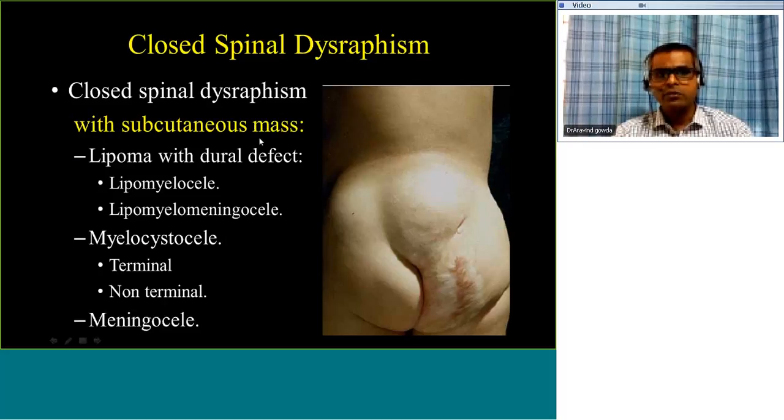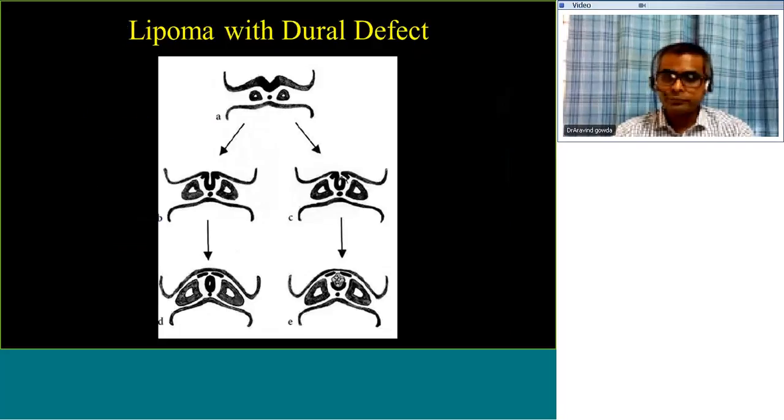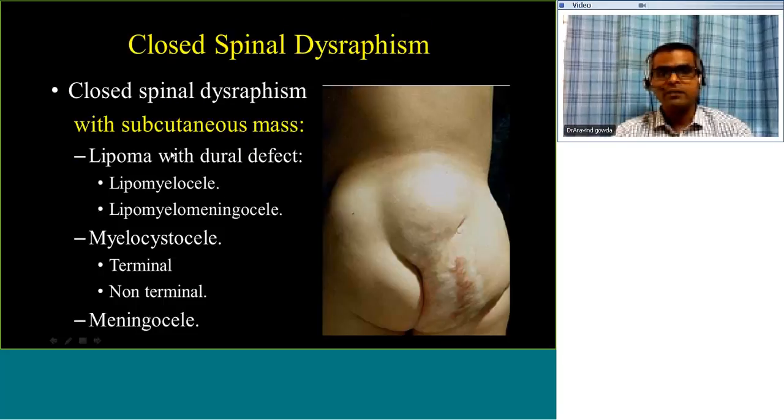The one which is associated with the subcutaneous mass, you can make out with the mass. The other entities may be associated with dermal nevus, or hirsutism may be there focal at the level of the defect, or there may be a hemangioma associated with it, and there may be an associated dimple or sinus, dermal sinus.